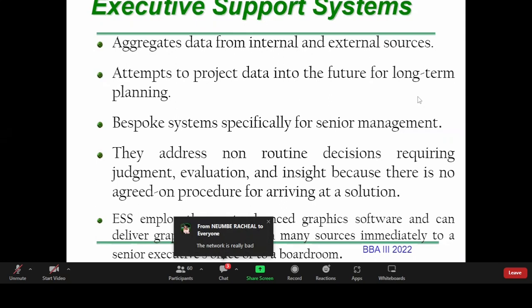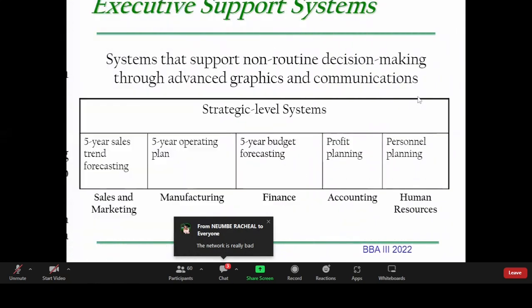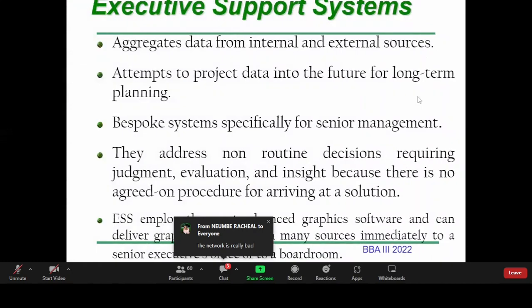So they employ the most advanced graphics software and can deliver graphs and data from many sources immediately to a senior executive's office or to a boardroom. Look at aggregation. You look at the departments or units of an organization and how best to visualize the data from about 10 units of an organization.